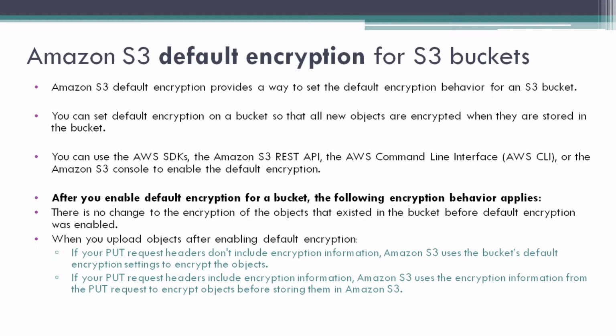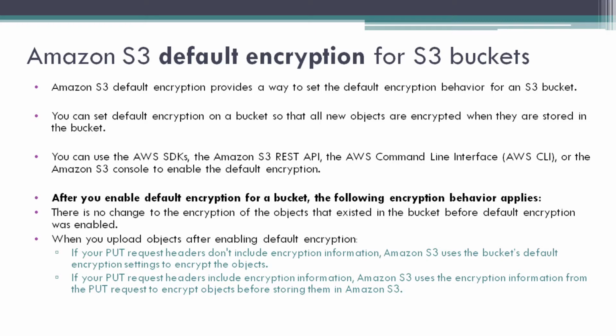If your put request header includes encryption information, Amazon S3 uses the encryption information from the put request to encrypt objects before storing them in Amazon S3. If you explicitly added some encryption information, in that case Amazon S3 will use that information instead of default encryption.